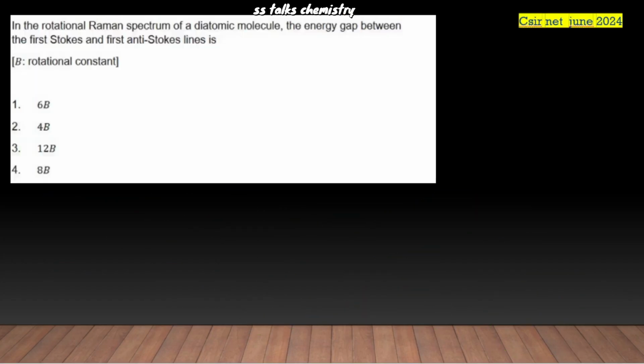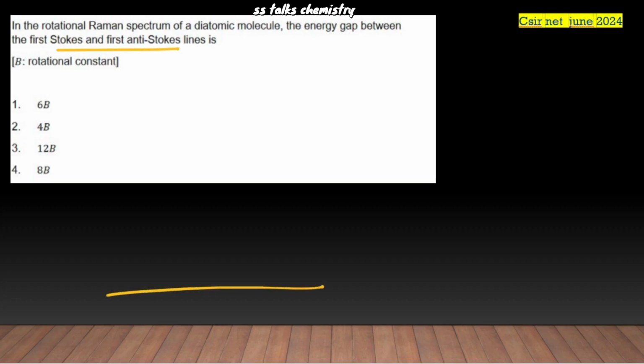This one is from June 2024. It says: in the rotational Raman spectrum of a diatomic molecule, the energy gap between the first Stokes and the first anti-Stokes lines is?